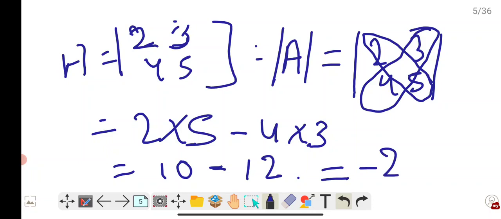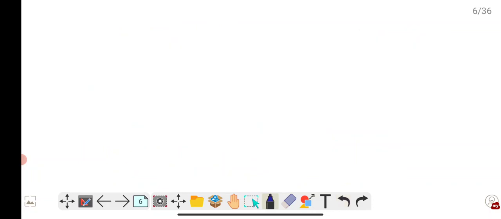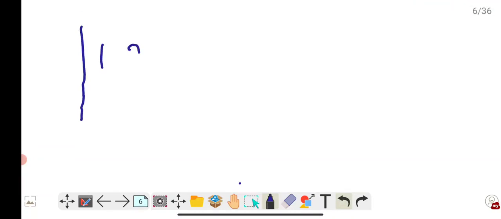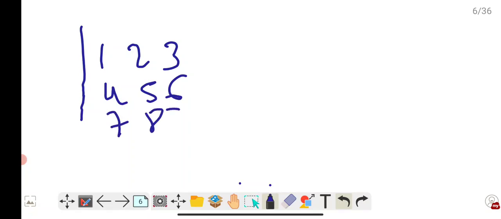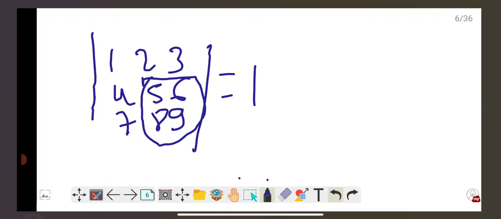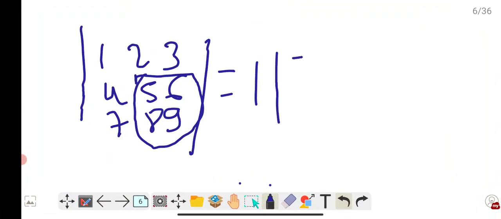Now let's move towards the 3 by 3 matrix. Determinant of 3 by 3 means 1, 2, 3, 4, 5, 6, 7, 8, 9. In such a case, we first take 1 and cover its row and column, so we write only this much: 5, 6, 8, 9.